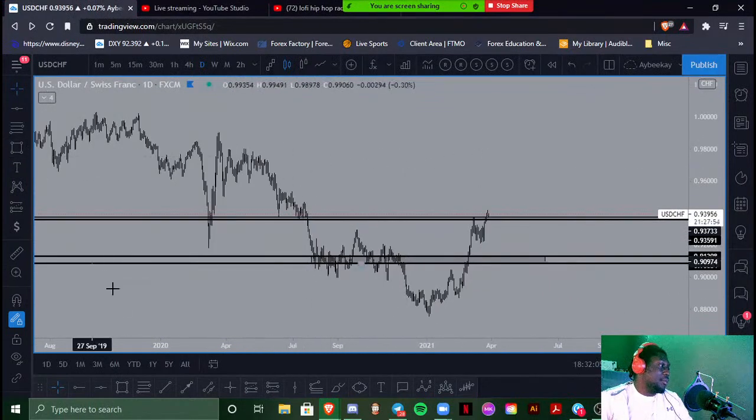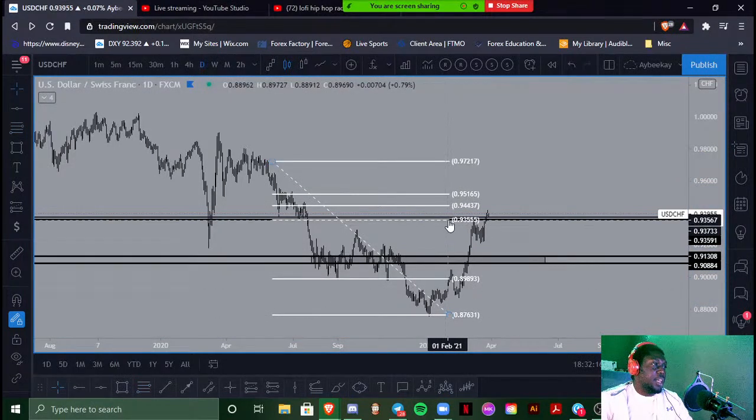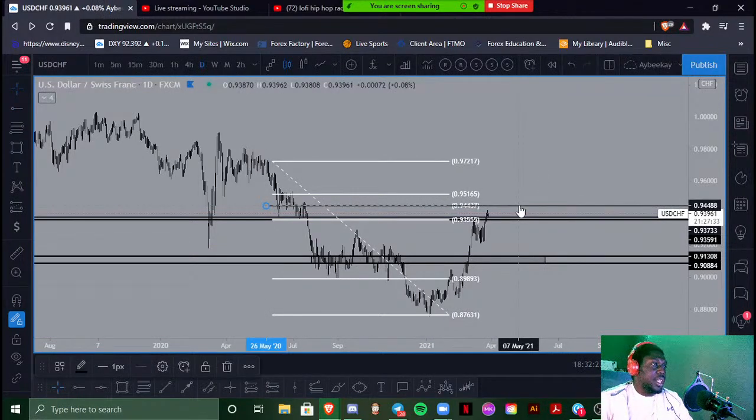This looks more like a 50% than anything to me if I'm looking from this high to this low. Oh, never mind. I take that back. This is 61.8. I'm going to really watch to see what price does at 0.94437. I don't trade USD CHF as much regardless, so that's even better.